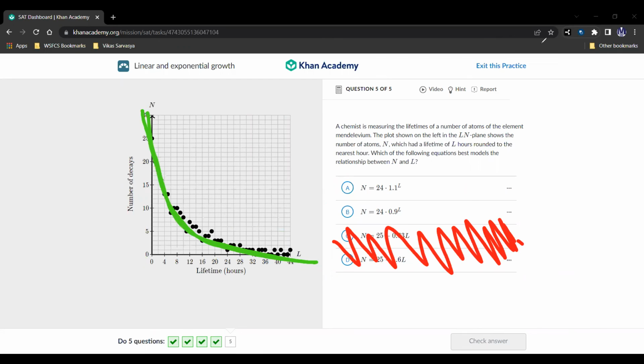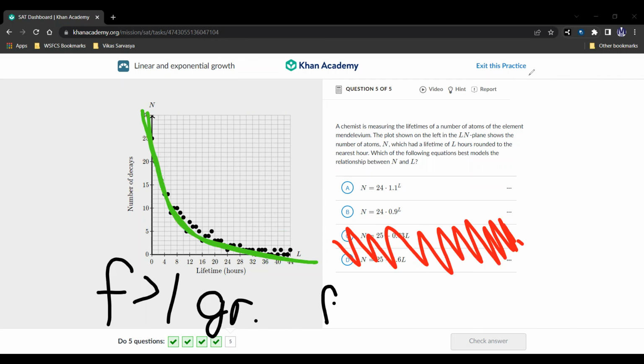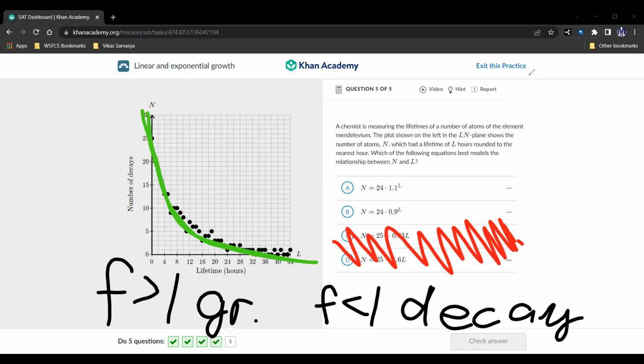If your factor is greater than 1, that's going to be growth. If a factor is less than 1, it's going to be decay. This is exponential decay as it is going down, which means that our answer has to be the one that's less than 1, which is 0.9, or choice B.